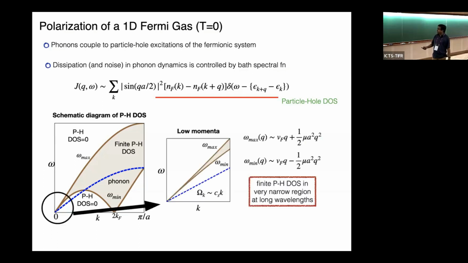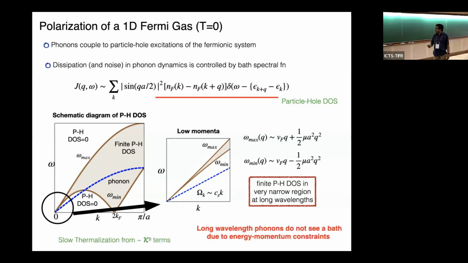This is what we said by saying, if you were here, these two things are almost going as v_F q, omega is going as c_s k. Unless c_s is equal to v_F, you're not going to match energy-momentum constraints. So this is understood, you just don't see a path. Fine. It's 1D, it's constrained.